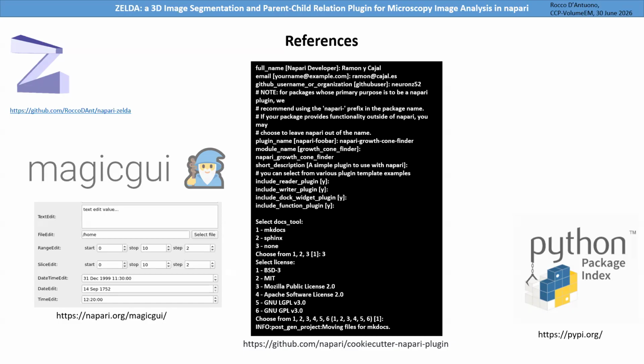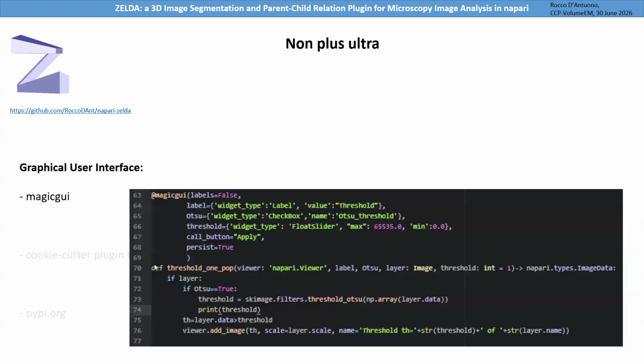And it is the first type of approach that one who has not in-depth experience in creating plugins would use. Of course, if one is expert, it makes much more sense to develop a plugin relying on the Qt library directly. But I think that the decoration of a function with magicgui is simply helping testing and helps to start developing things.